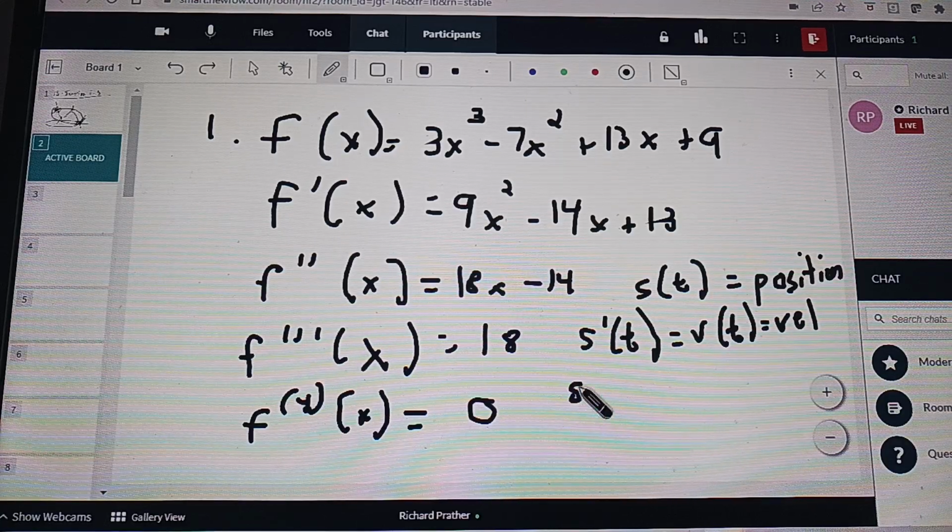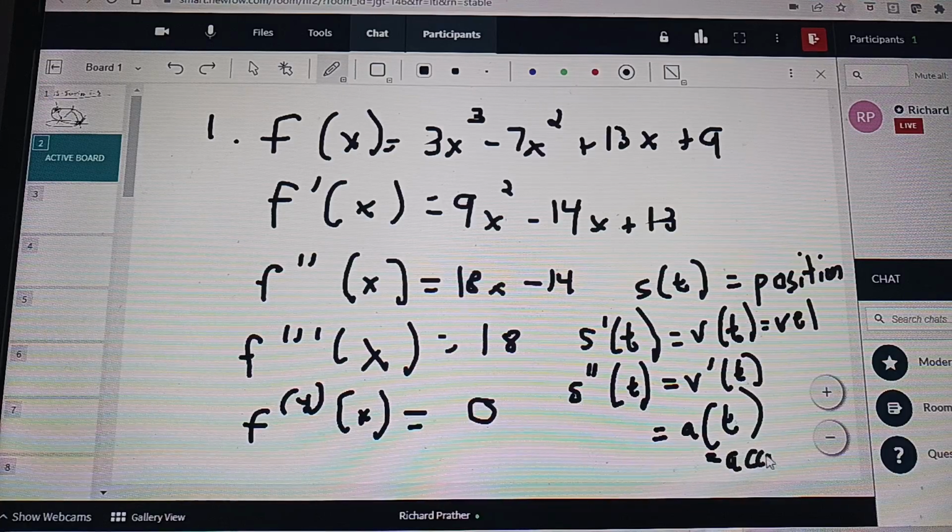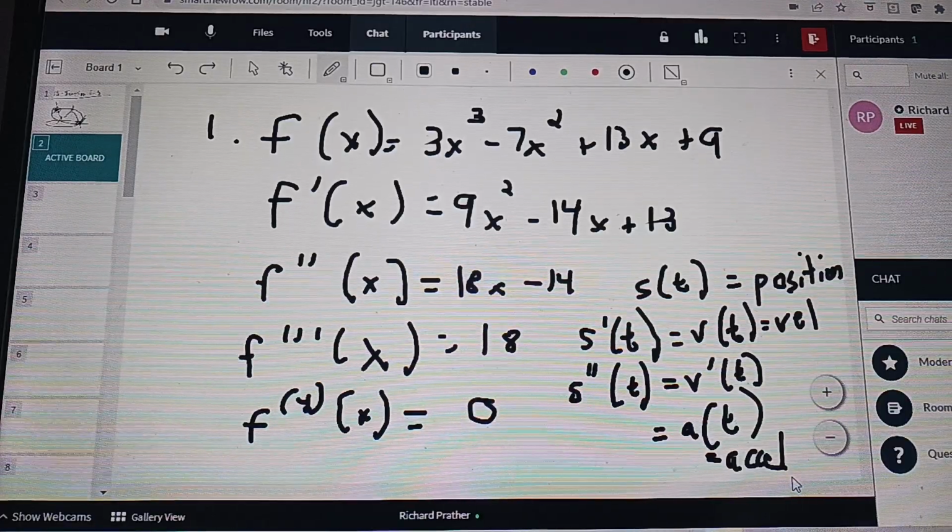And then the second derivative of position, or the first derivative of velocity, is acceleration, how fast it's speeding up or slowing down. So this is an application in physics they do all the time, where you're doing higher derivatives, they call them, once you go past the first one.